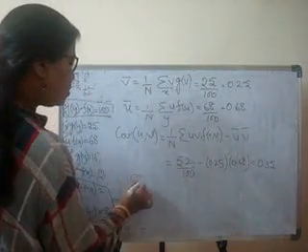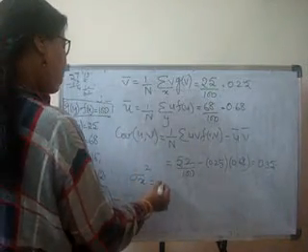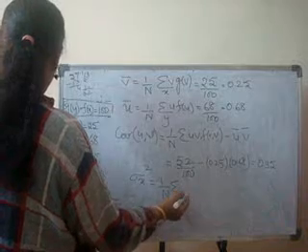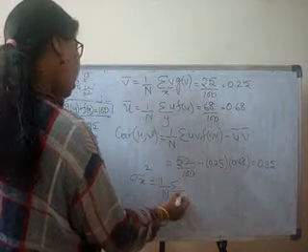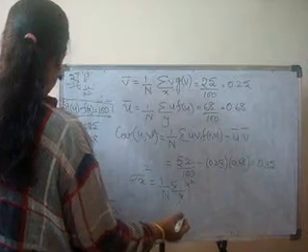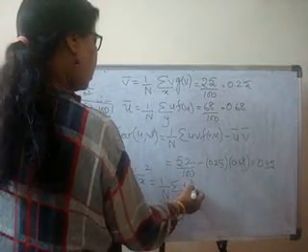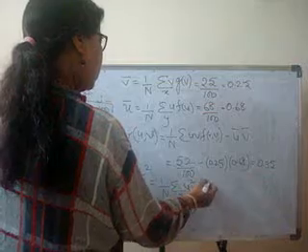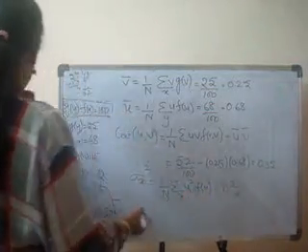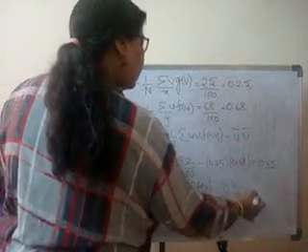And sigma x square is equals to 1 by n summation over x square f of u minus u bar square, which is 1.157.